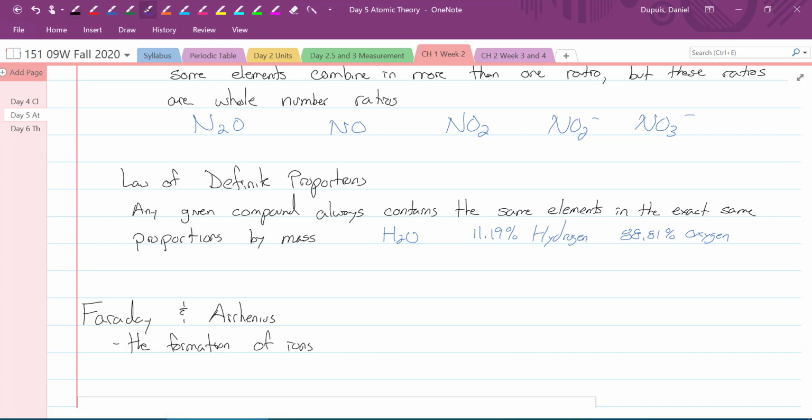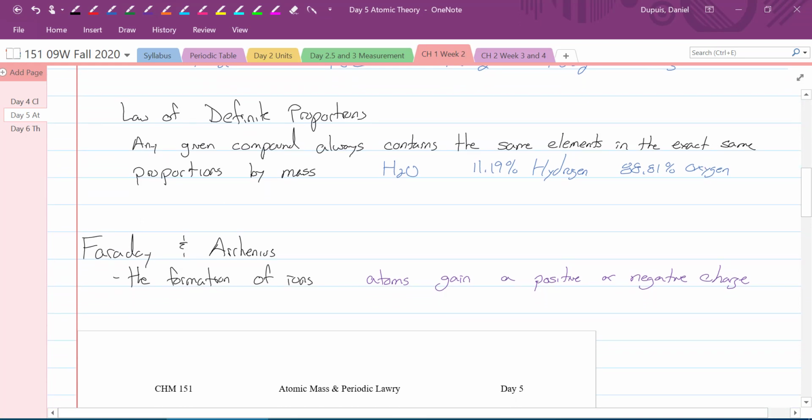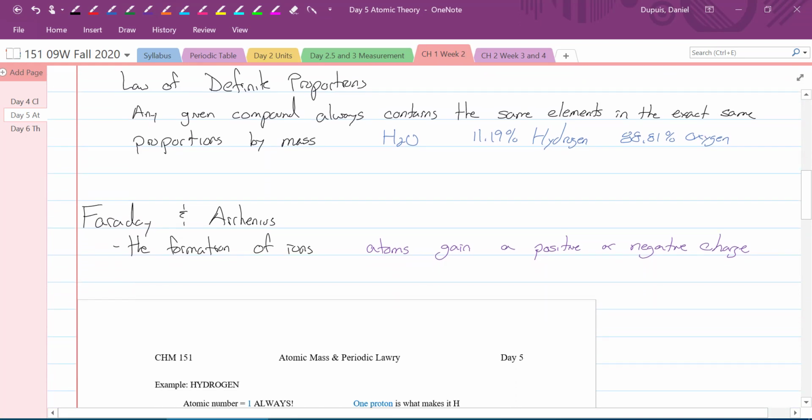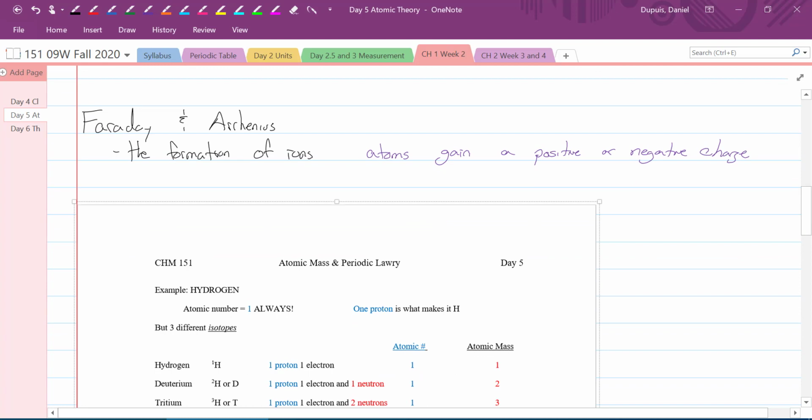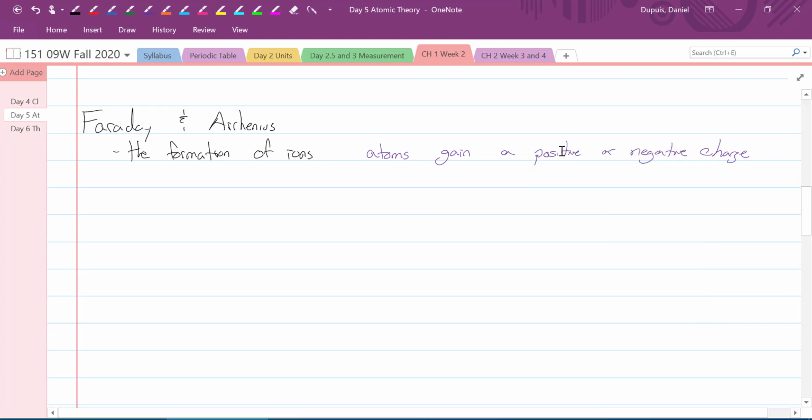This is where, right, the atoms gain either a positive or negative charge. And we'll talk about that. We'll assume what exactly is going on, but we haven't talked about the particles yet.